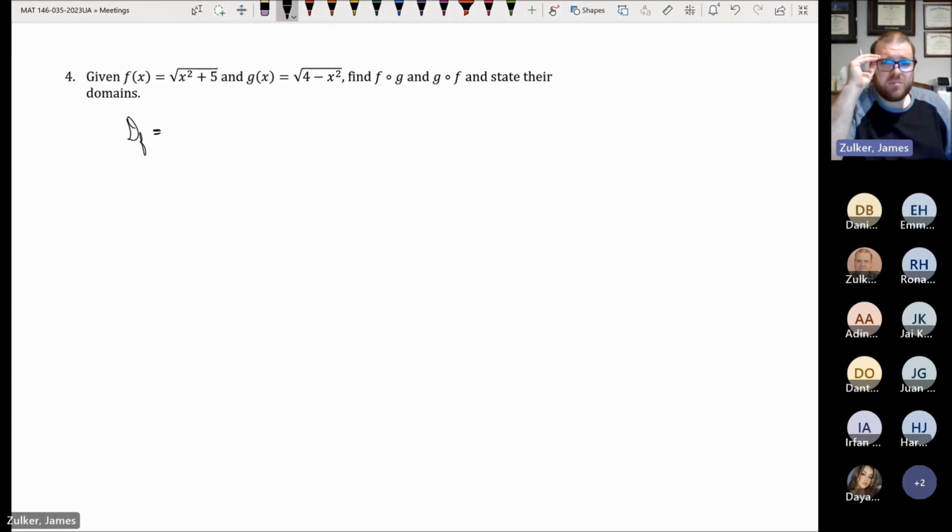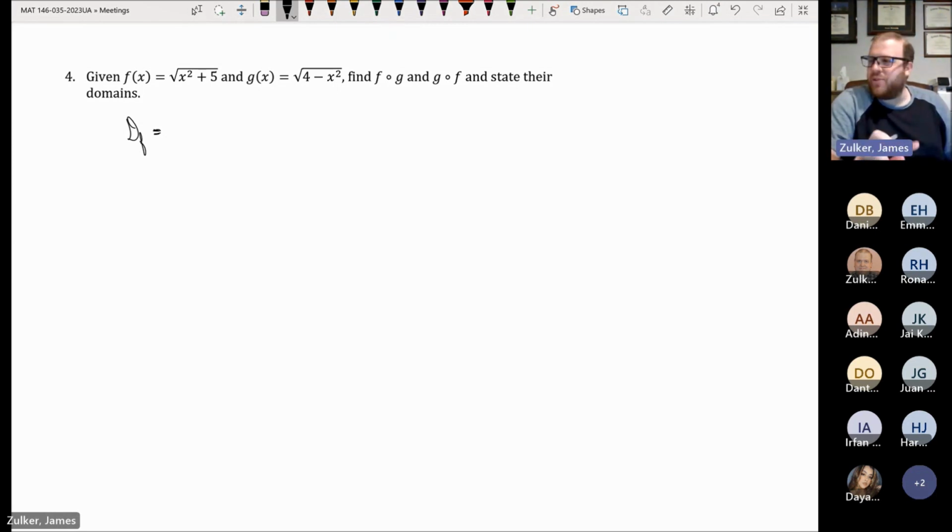Four minus x plus 5. If you're trying to give me the composite, I'm not looking for that just yet. Right now, I'm just looking for what the domain of f is.